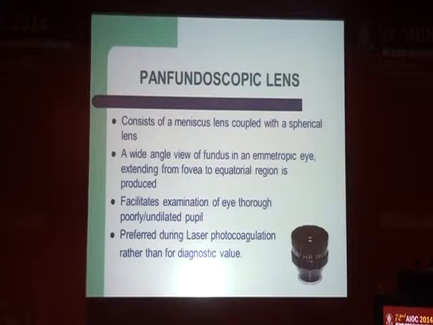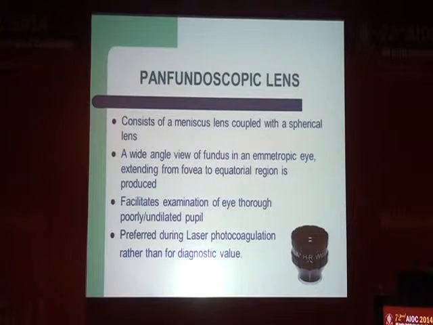Now, if you look at the contact lenses, there are the pan-fundoscopic lenses. These lenses are mainly a system of lenses within an aperture, and it consists of a meniscus lens coupled with a spherical lens. It gives a good wide-angle view of the fundus in an emmetropic eye, extending right from the fovea to the equatorial region, and facilitates examination of the fundus even through not so well dilated pupils.